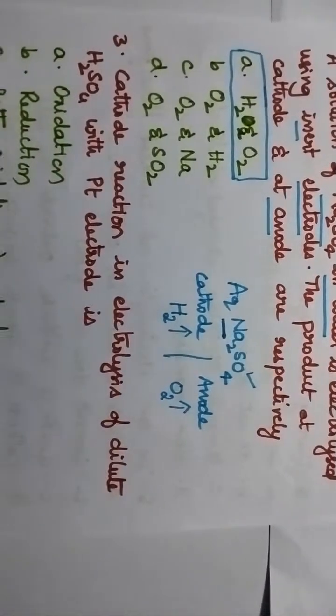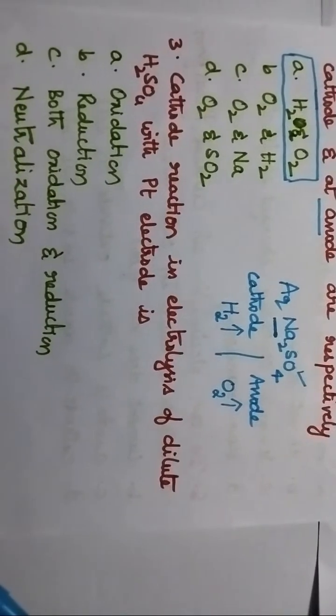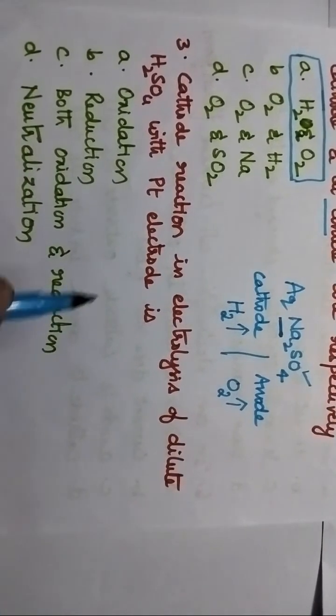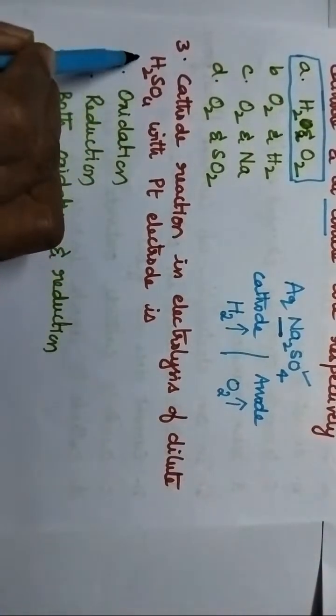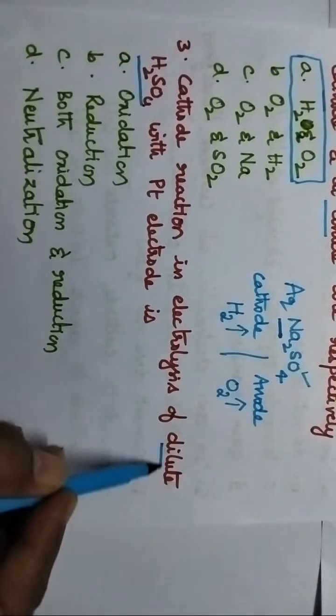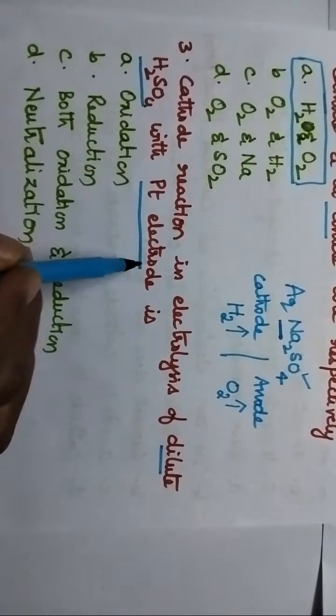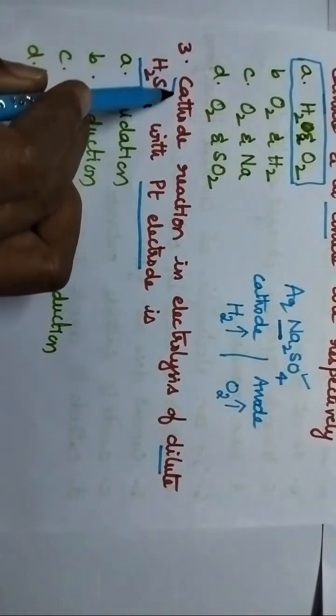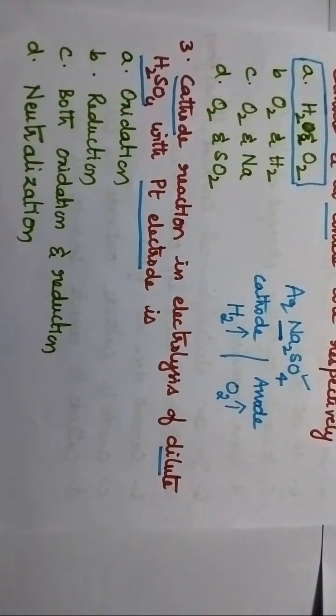Moving to the third question. The cathode reaction in electrolysis of dilute sulfuric acid with platinum electrodes is. So you have to identify what happens at the cathode. Very good, Swati. You are supposed to answer the third question.